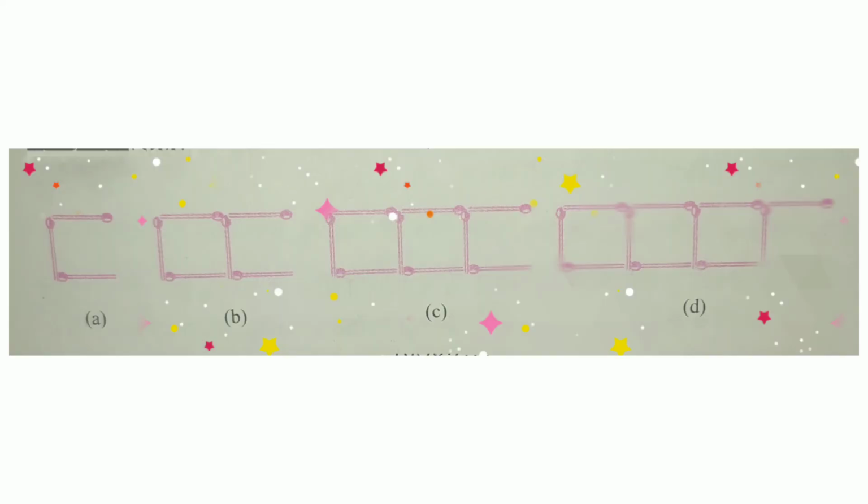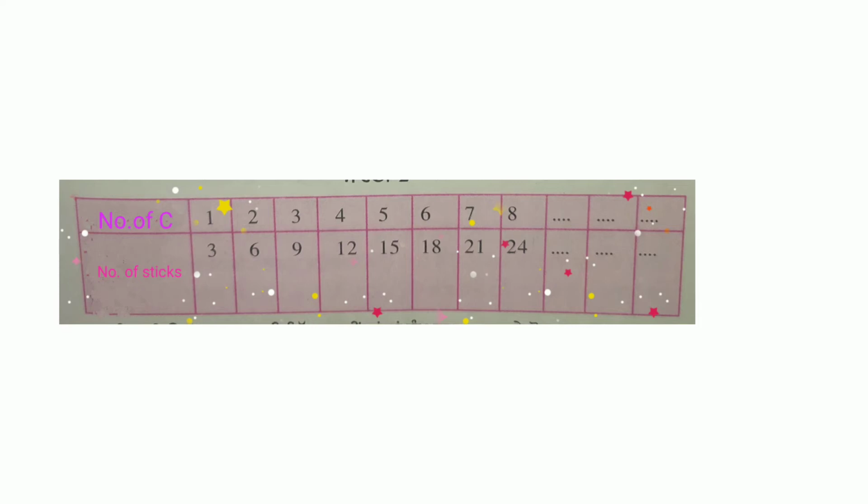Now we study the same matchstick pattern with English alphabet C. When we write the number of matchsticks required to make a particular number of C's pattern, we write the number of alphabet C over here, and the total number required for the matchsticks is here.